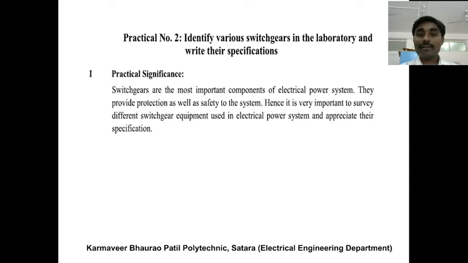So it is needed to provide protection as well as safety to the power system, to keep reliability and continuity in supply. Hence, it is very important to survey different switchgear equipment used in the electrical power system and their specifications.